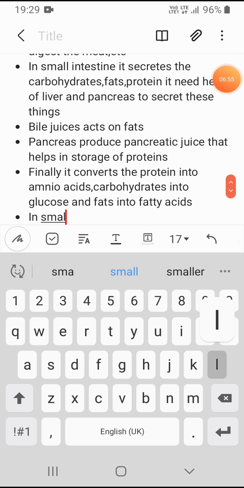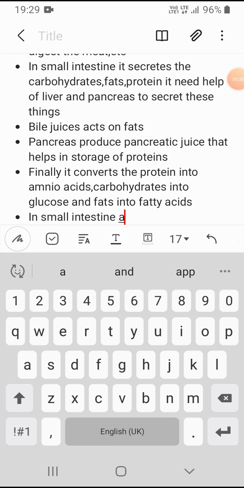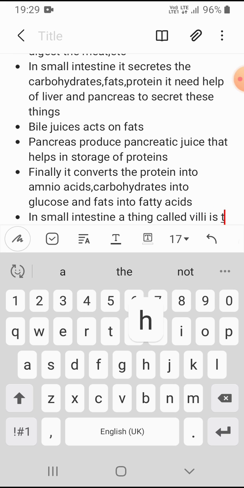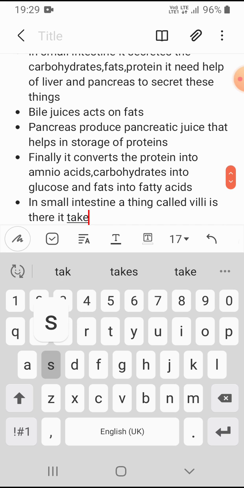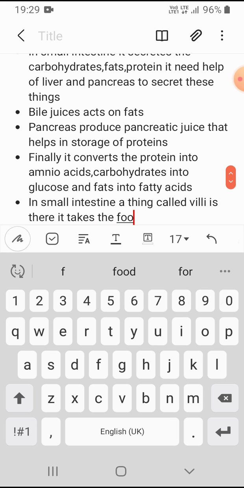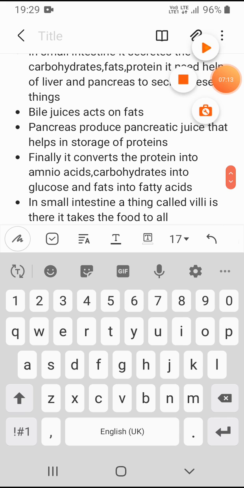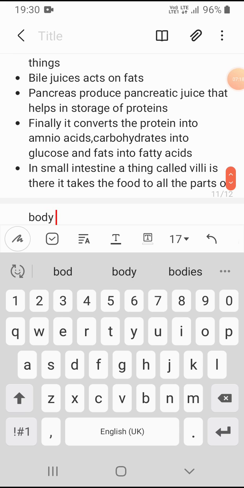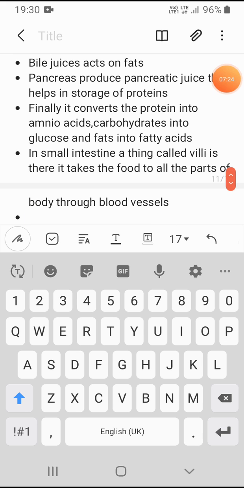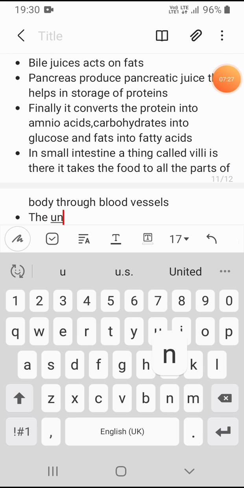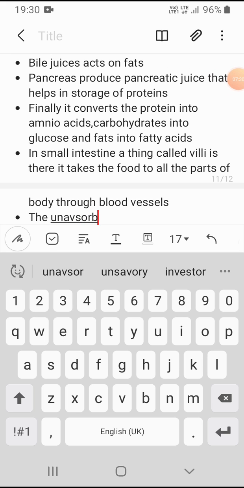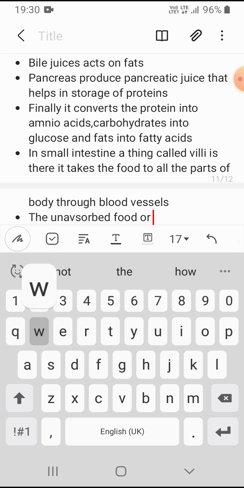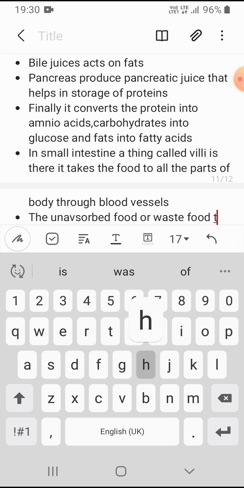In the small intestine, a thing called villi is there. It takes the food to all the parts of the body through blood vessels. And after that, the unabsorbed or wasteful food goes to the large intestine.